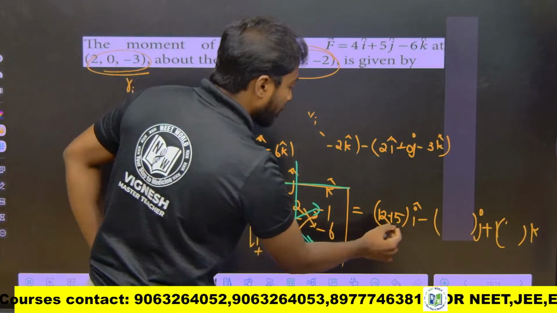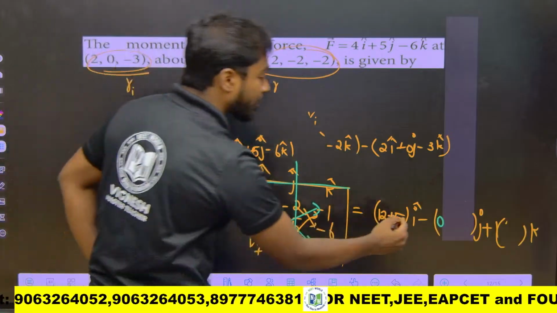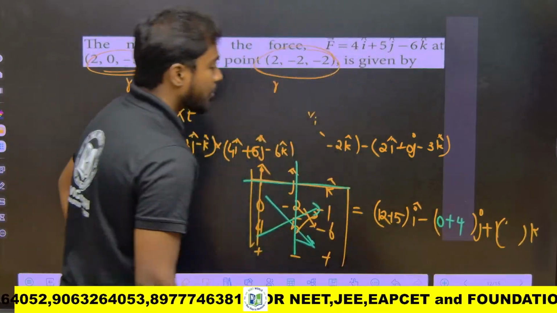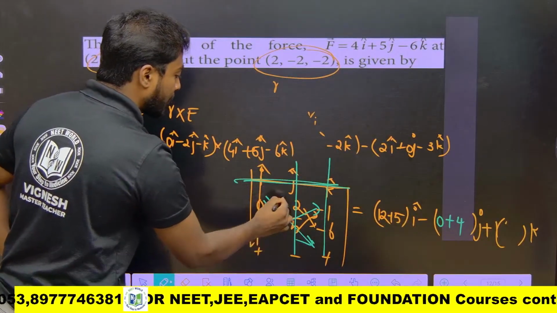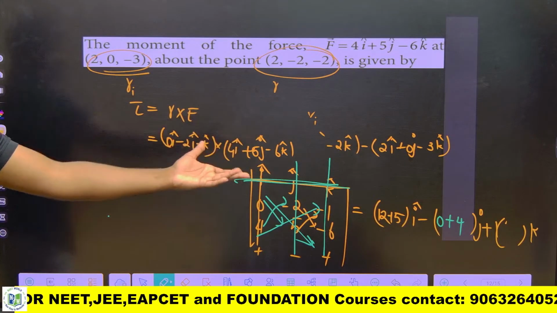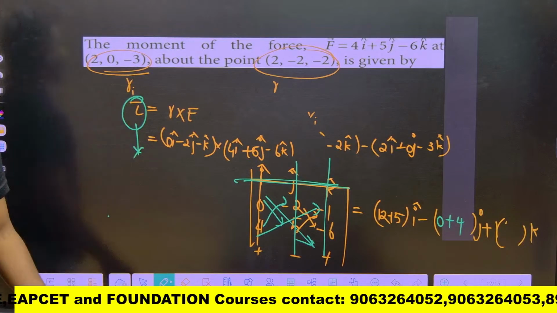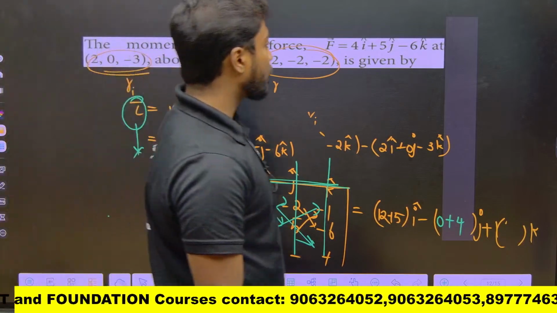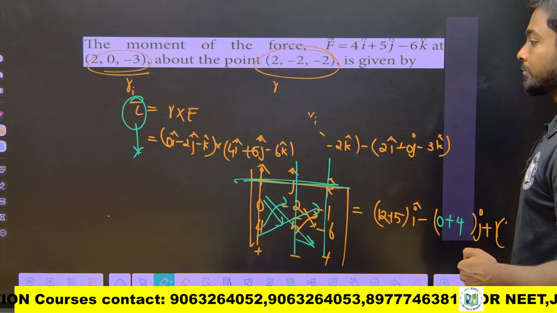So 0 minus 4, minus of minus, plus 4. Similarly for k cap also, close this one and cross multiply these two. You will get i, j, k in terms of torque. This is the easy way to find it.